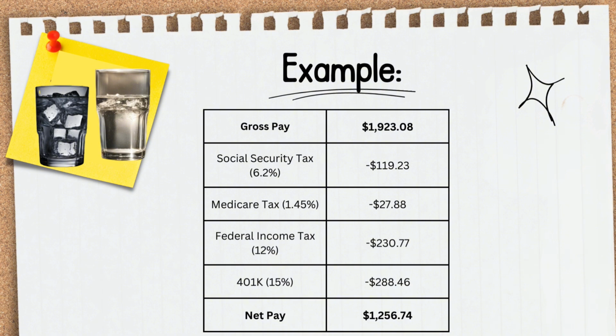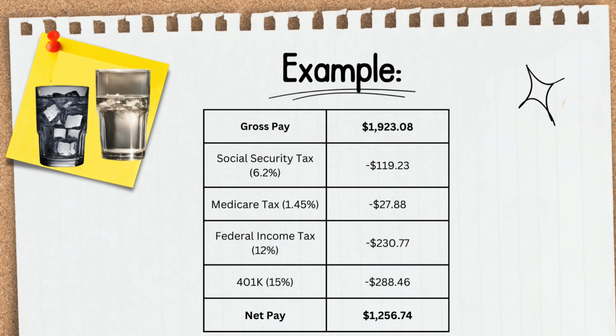Okay, so if your gross pay of that $50,000 is $1,923 on a biweekly basis, so every 2 weeks or biweekly, the amount that would come out of that gross pay for your Social Security tax would be $119.23.